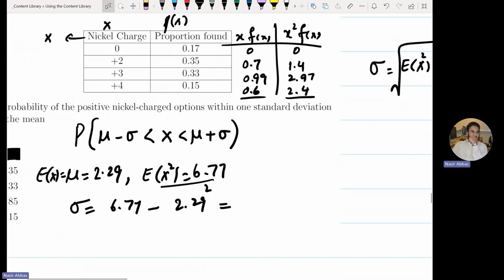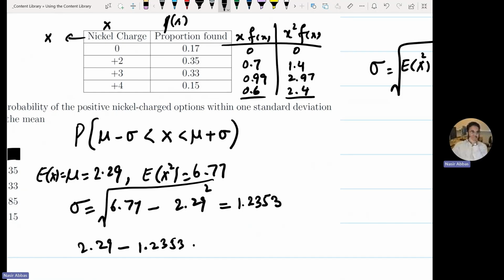I missed the square root here. After the square root, it is 1.2353. Now give me 2.29 minus 1.2353 and 2.29 plus 1.2353.